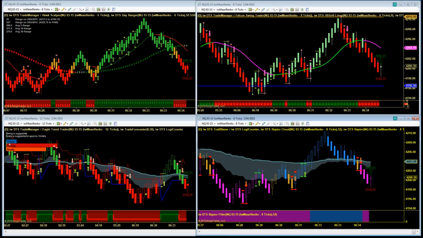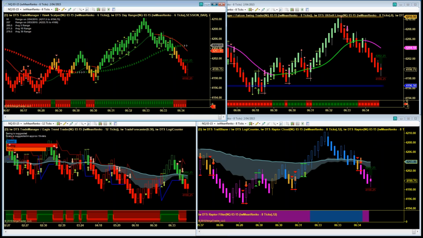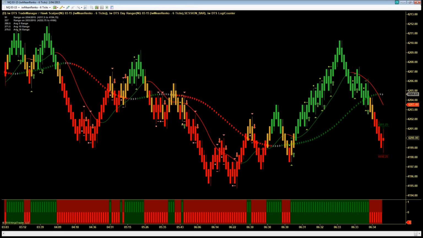So we're looking for the signal parameters to all be in sync. We're looking for the bar color to be in sync. We're looking for the signal to be in sync. We're looking for the filter down here to be in sync. Now I'm going to come back to the Raptor in just a moment.